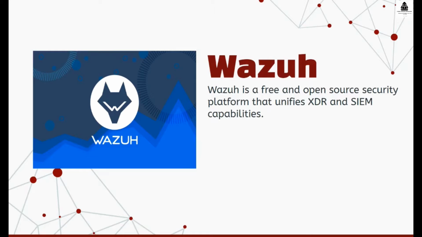So what is Wazuh? Wazuh is a free, open source security platform that unifies XDR and SIEM capabilities. It gives you both. XDR is extended detection and response, and SIEM is security information and event management. So it is saying that you should monitor all the endpoints of your application network. No endpoint is left behind.